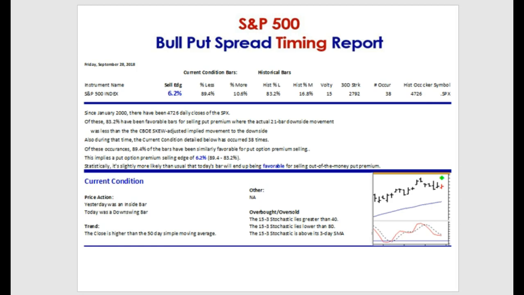Okay, so the SKEW is something that the CBOE publishes to help us ascertain from the VIX the upside implied VIX and the downside implied VIX. And so 83.2% of the time, the market does not drop as much as what the CBOE skew-adjusted downside VIX is implying. So that's the benchmark, 83.2.